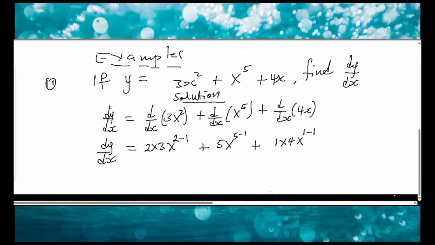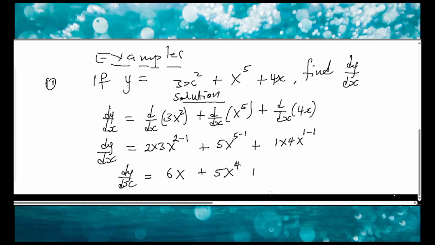So the dy dx is going to be 2 times 3, that will give us 6. Then x raised to the power 2 minus 1 is going to give us 1. And x raised to the power 1, you can decide whether to write the 1. Then here we have 5x raised to the power 5 minus 1, that's going to be 4.